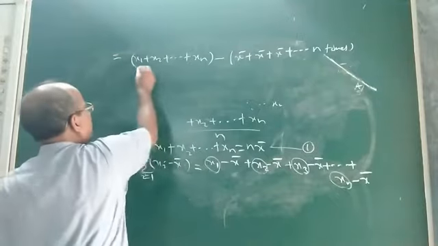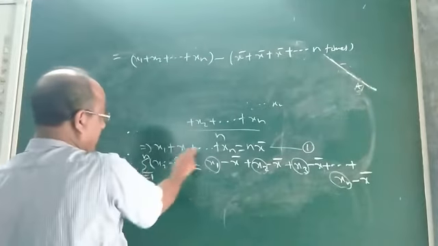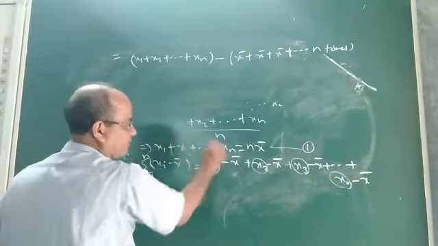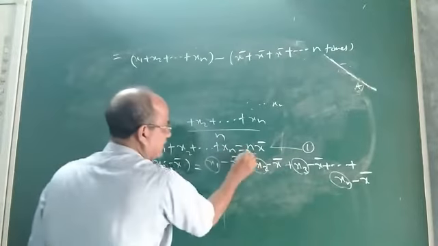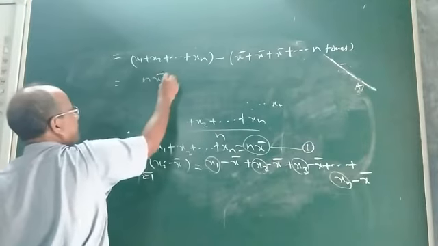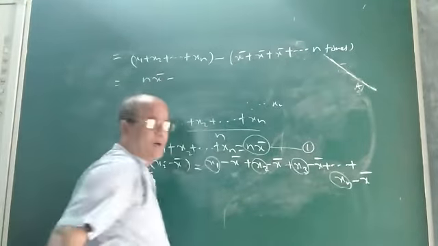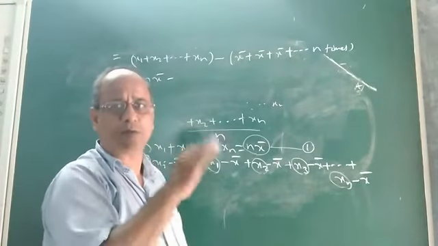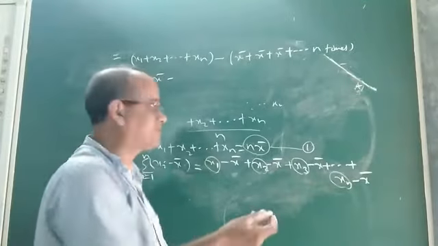Now, what is the value of this one? Already we have found out that x1 plus x2 plus up to xn means the sum of observations, which is equal to n x bar. So let us put the value: this is n x bar minus. If you add x bar n times, the sum is n x bar.